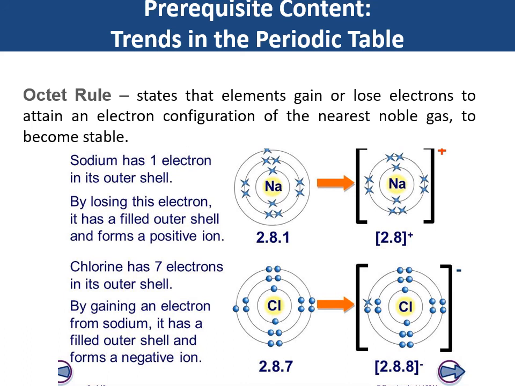Chlorine has 7 electrons in its outer shell. So, 7. By gaining an electron from sodium, it has a filled outer shell and forms a negative ion. Okay. Next.